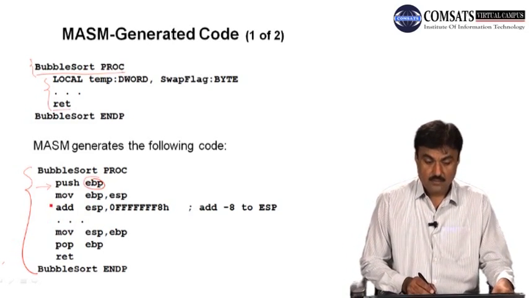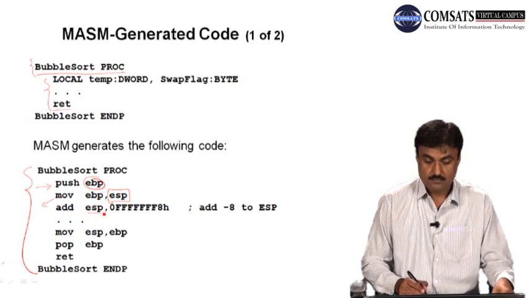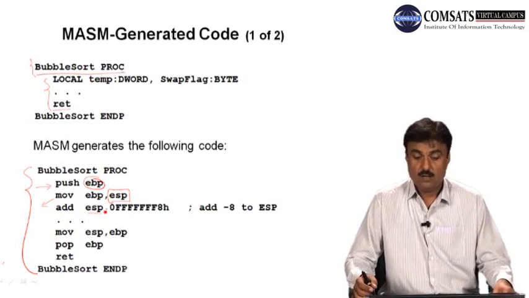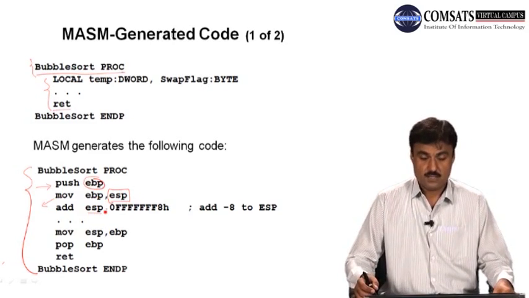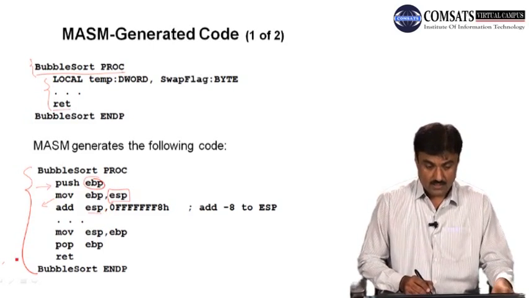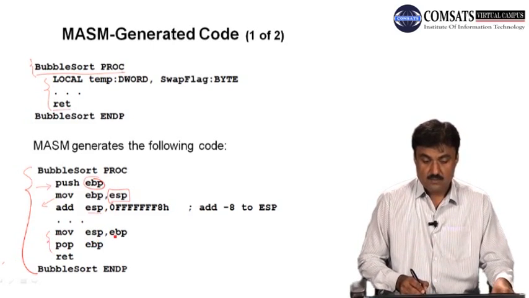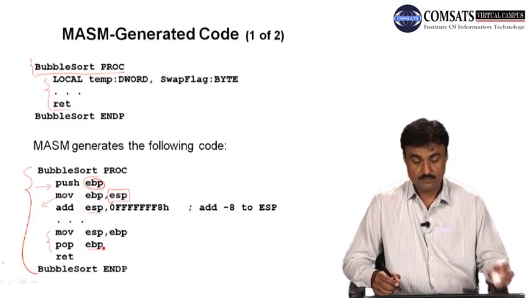Then move the ESP, or stack pointer value, to the base pointer, and then the stack pointer will be assigned a new value by adding -8. So why we add this -8 to the stack pointer and so on, we will discuss about this one. And in the end, the stack pointer will be assigned EBP, and we pop the value of EBP and so on, and then return.